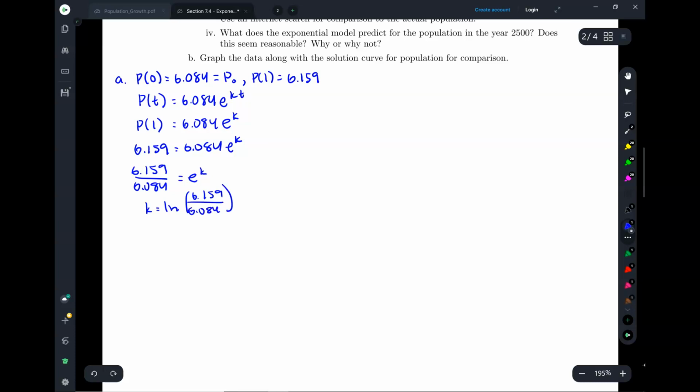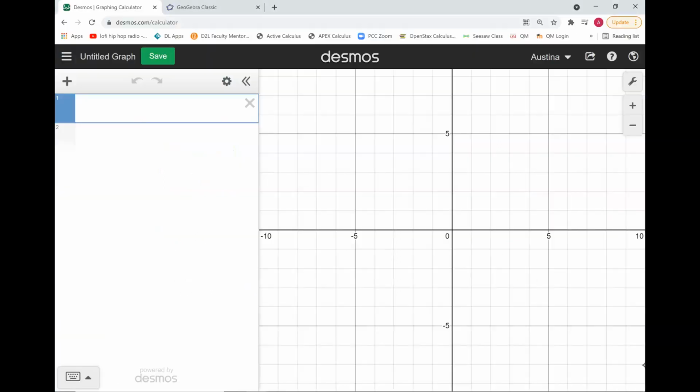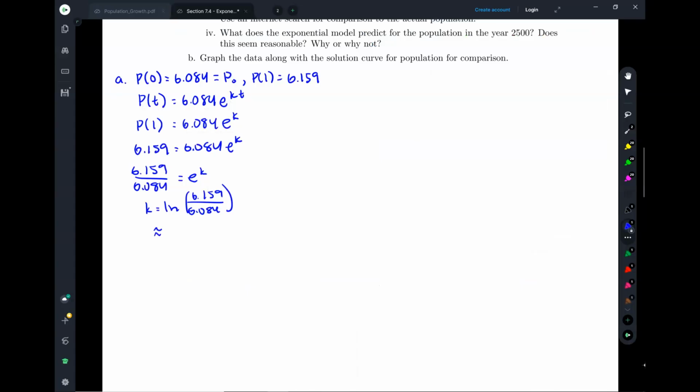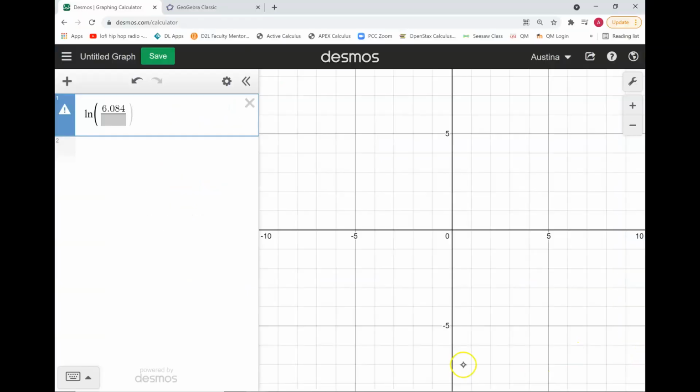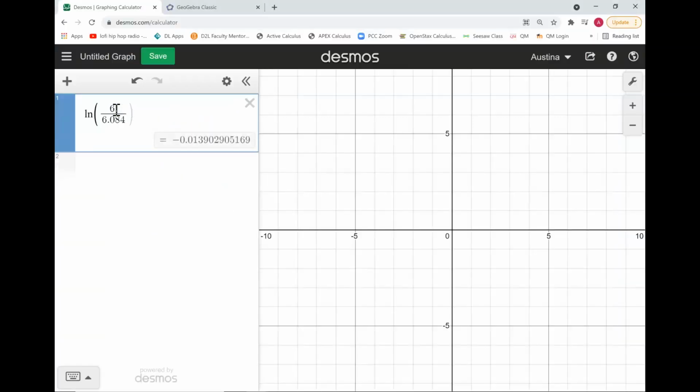Now, I do like to wrap my head around this k value, so I do tend to find a decimal approximation for it, which we're going to go ahead and do right now. So it was the natural log of, oh sorry, 6.084 was in the denominator. 6.084, and then the numerator was that 6.159.